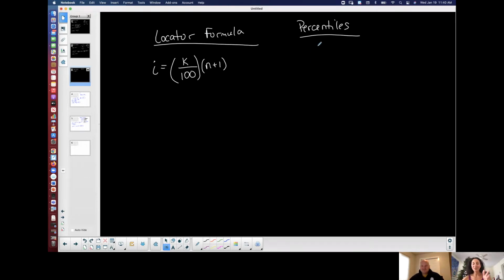So percentiles, exactly what it sounds like. K in this formula is your percentile.